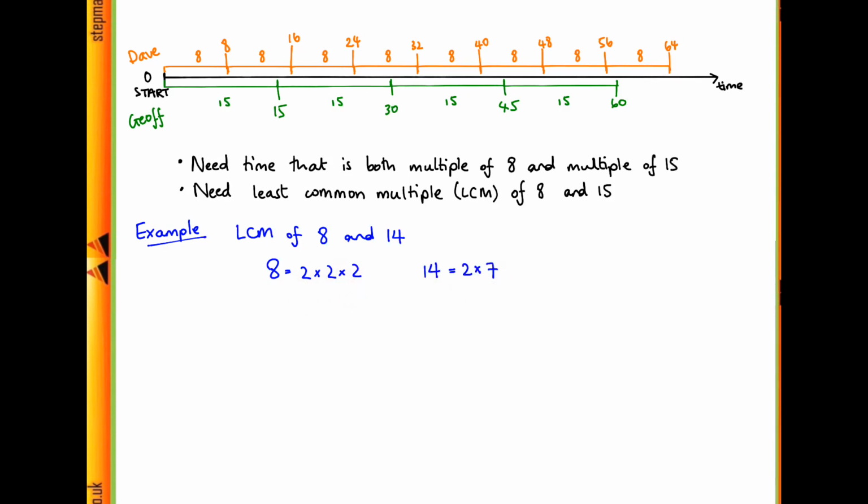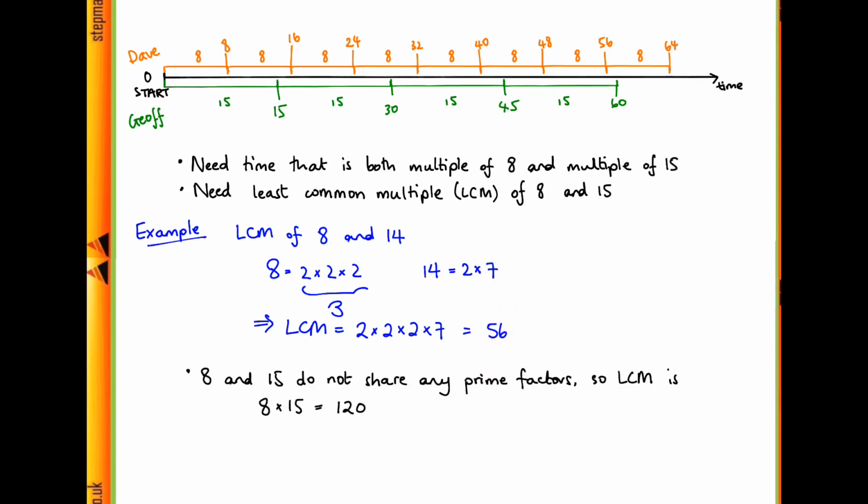Then I look at the most times each factor occurs in either number. For 2, I've got more 2's in the 8 than the 14, so I've got 3 here. And I have 1 7 in the 14. So for the least common multiple, I'm going to want 3 2's and 1 7, which gives 56.